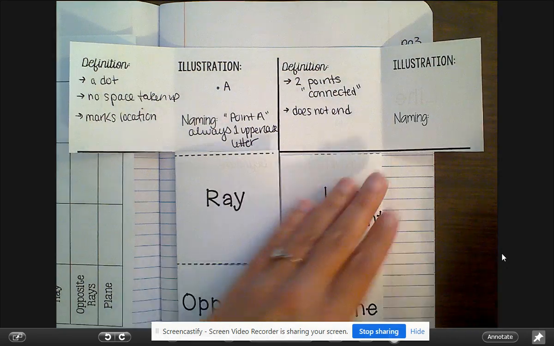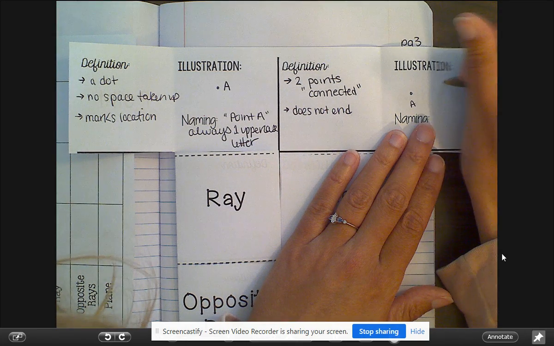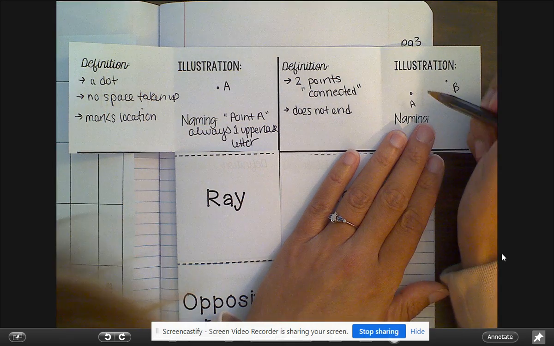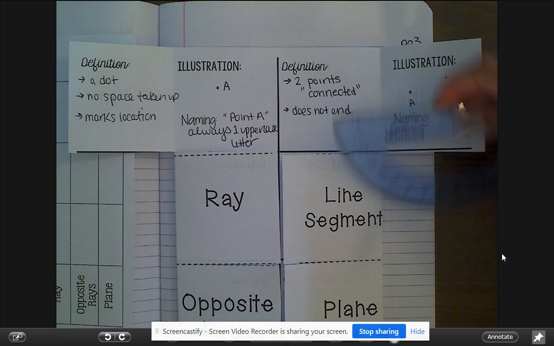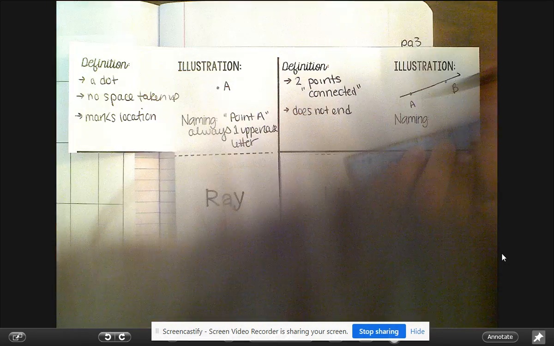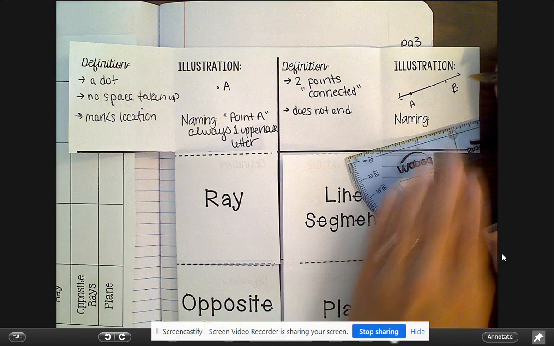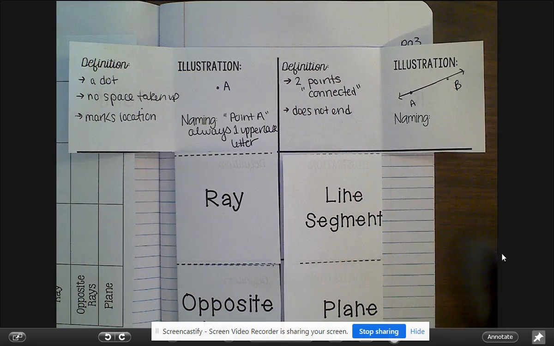And so when we're showing that, we'll have our 2 points, A and B. And then, I want to get a straight line. I need a ruler. We connect them, and as long as we go through them and put arrows on either side, that implies to everyone looking at it, everyone in the know, that these are going on forever, that this does not end.